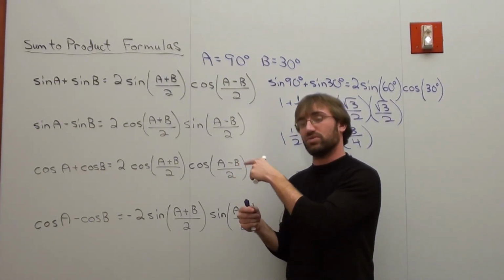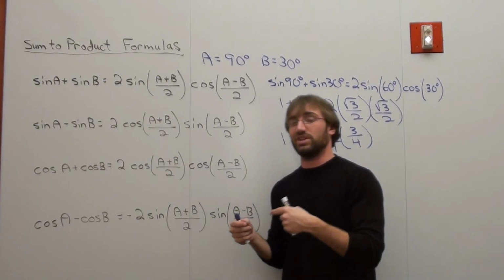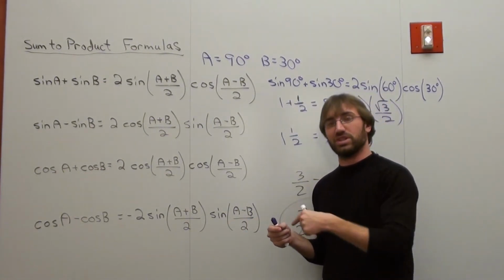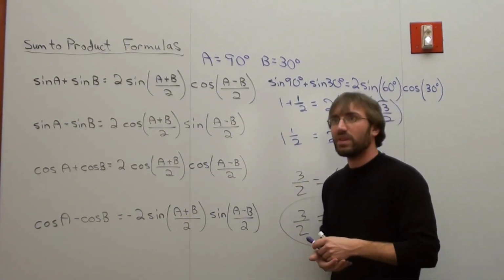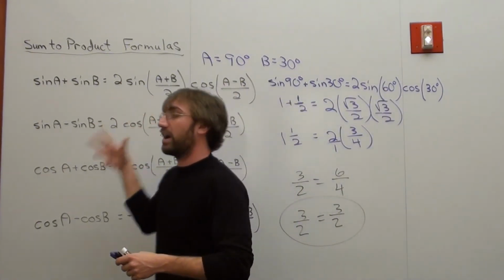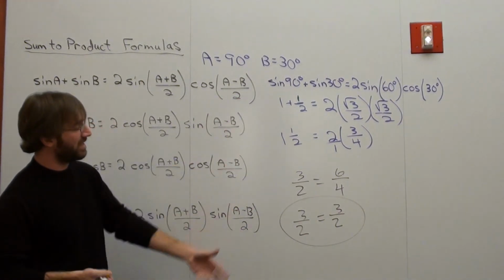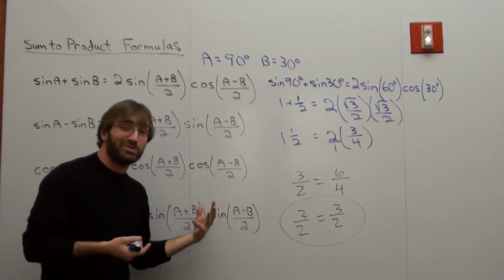Root 2 over 2 plus root 2 over 2 is 2 root 2 over 2, which is root 2, about 1.414, and that's not the same thing as 1. So don't get careless, don't get overzealous on this. This is just a basic practical application of this particular problem.